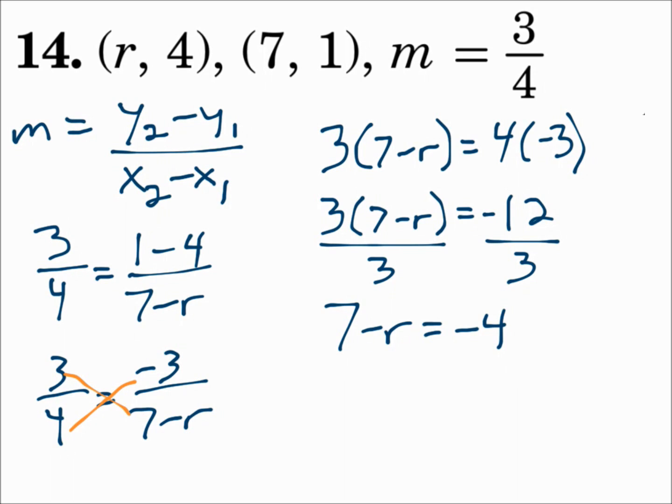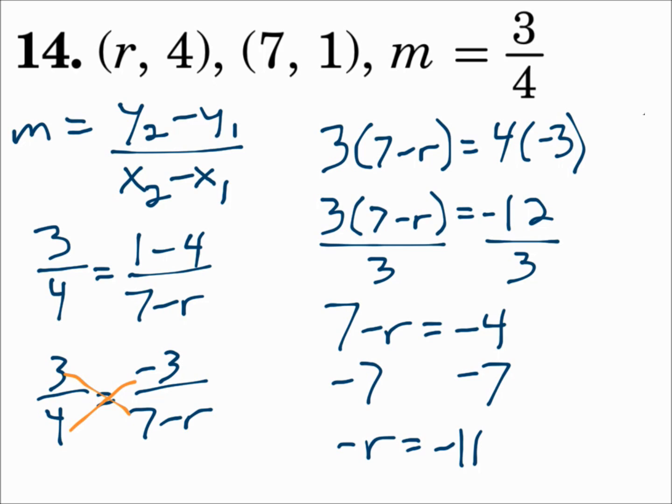Now let's get rid of that 7 on the left. That's a positive there, so let's subtract it from both sides. That leaves negative r on the left, and on the right, negative 4 minus 7 is negative 11. Remember, we don't want negative r, we want r.